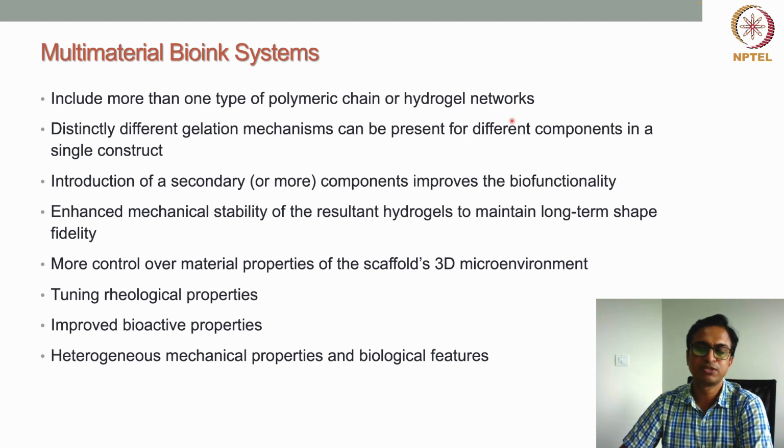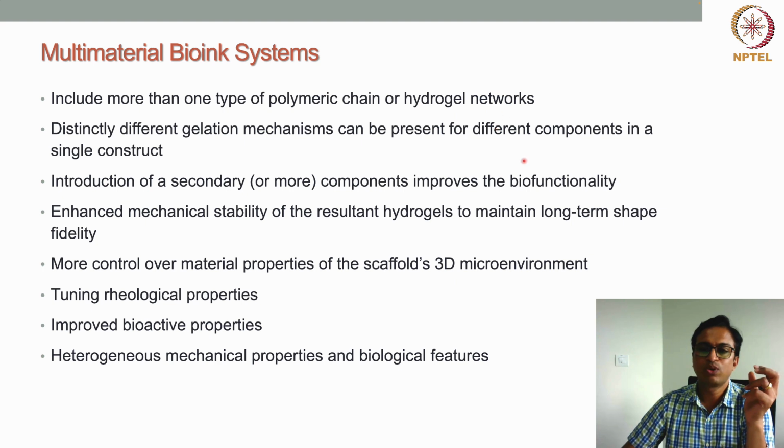Suppose the bioink is made up of two different components, two different hydrogel networks. Then each of these hydrogel networks can be solidified or gelated with one type of mechanism, and the other one with another. Suppose these two hydrogel networks don't interact with each other, they are just physically blended together, then we can work on those two distinctly different gelation mechanisms for a single construct.